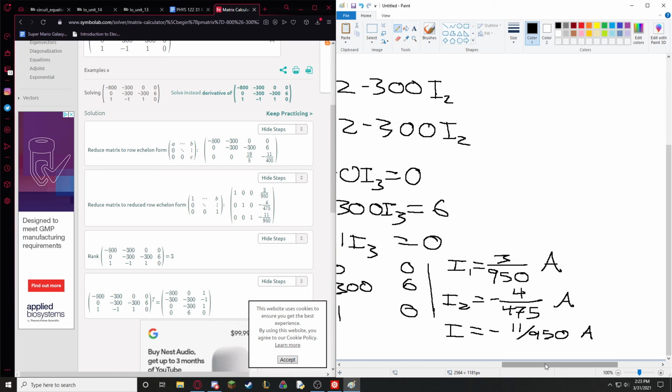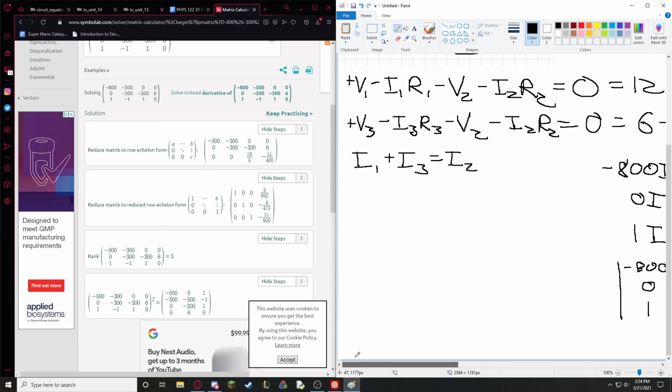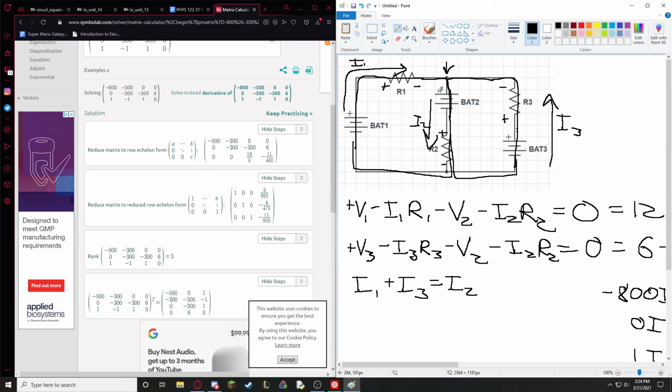So I would guess that on the quizzes he's going to have you just enter magnitudes. Or he's either going to ask you for magnitudes of currents, so just put in the positive value, or it's going to specifically say what's the current through I1, treat right as positive, or what's the current through I3, treat upwards as positive.